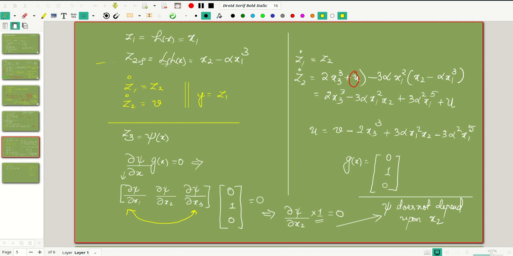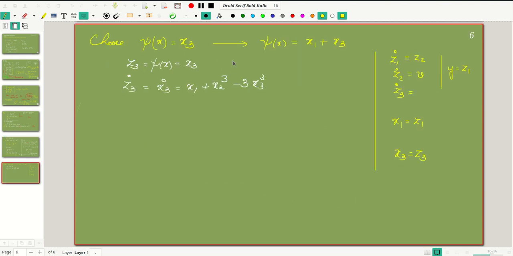See, if you look, Z2 is equal to x2 minus alpha x1 cubed, right? x2 minus alpha x1 cubed. So what is x2? x2 is nothing but Z2 plus alpha Z1 cubed, right? So I have x2 as equal to Z2 plus alpha Z1 cubed.